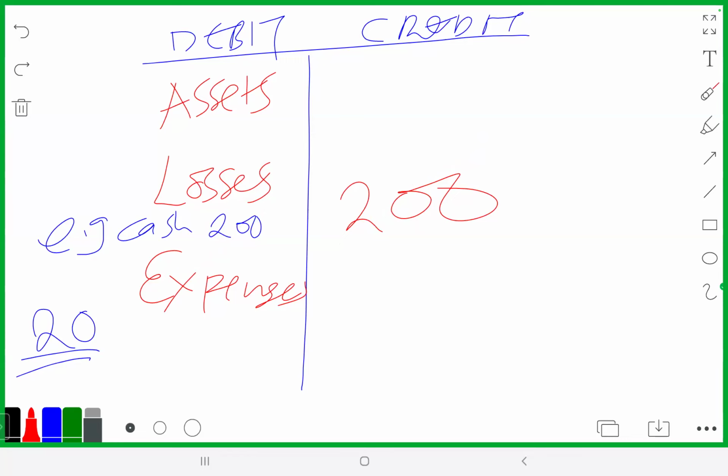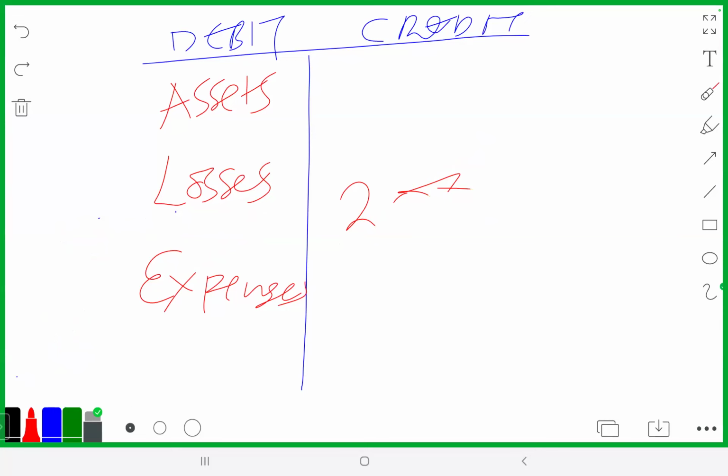Get this one very clearly, okay? So if you hear that this account was overcast, the first question to ask yourself is, which side of the trial balance does this account sit? Is it sitting on the debit side of the trial balance or on the credit side?